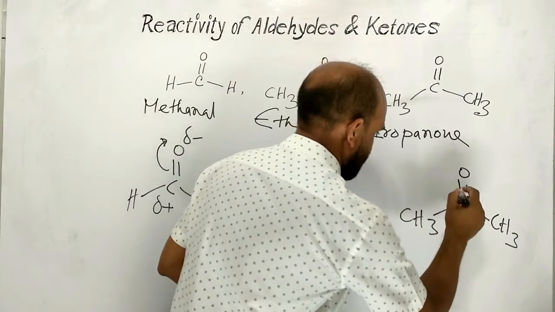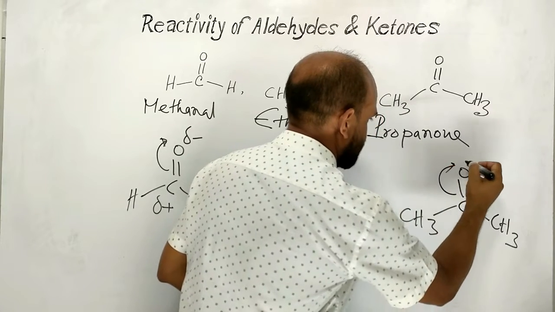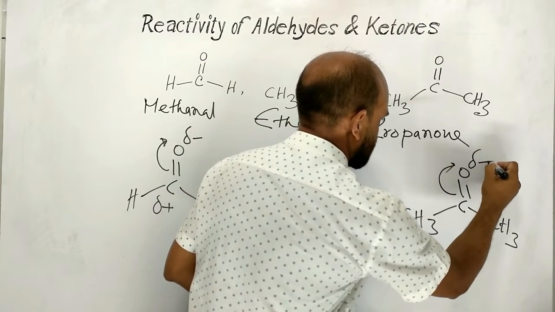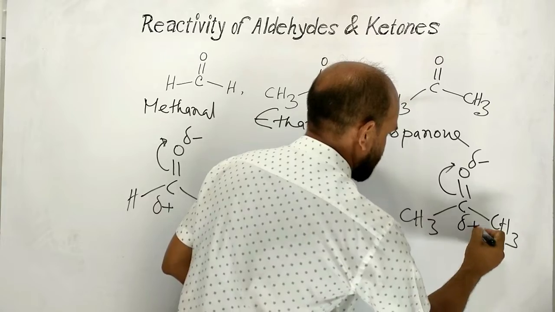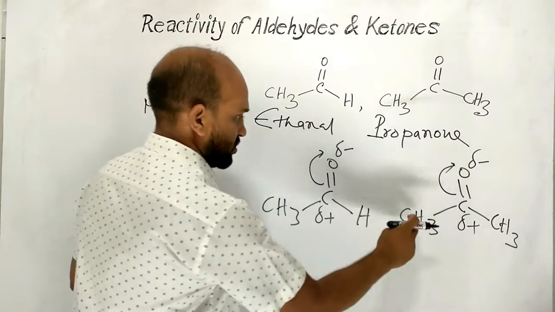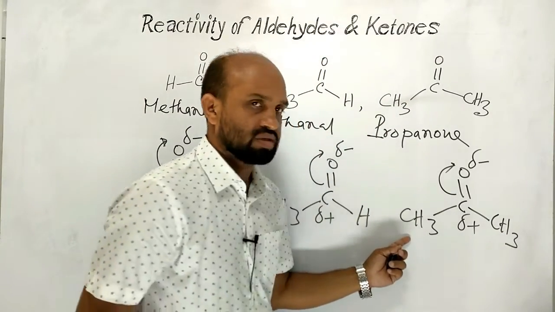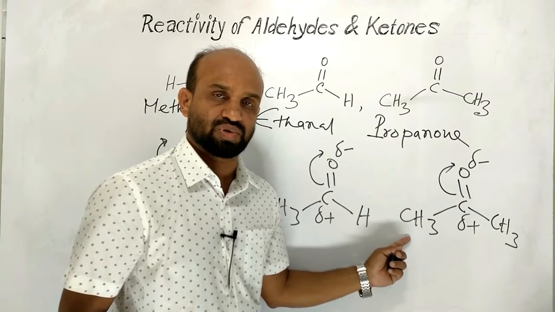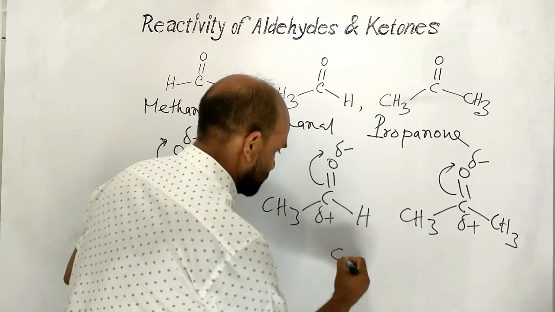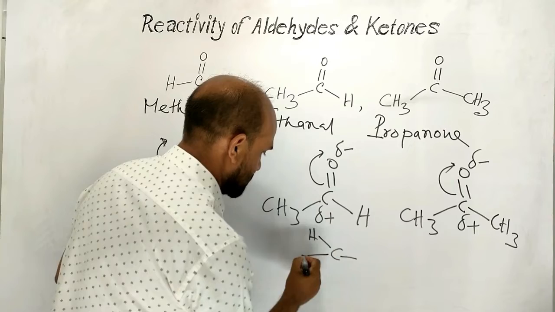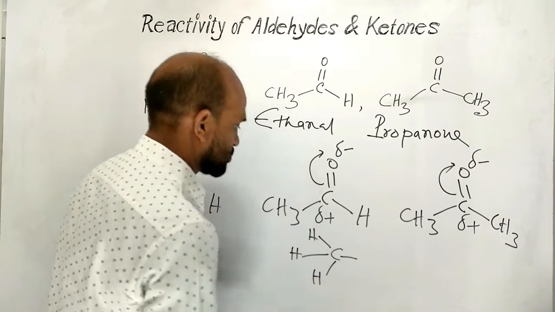In the same way, this bond is polarized, oxygen gets negatively charged, carbon gets positively charged. But here we see there are two methyl groups. We know that methyl group is a kind of electron donating group.